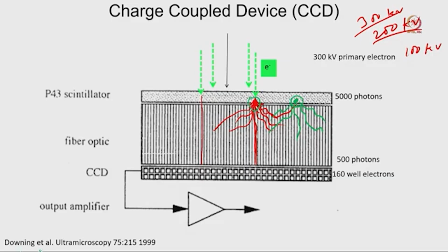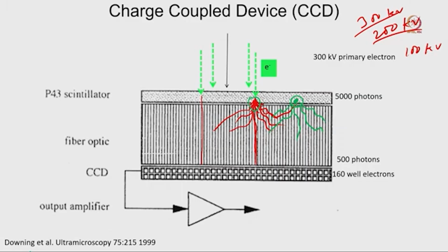So, that is one of the reasons the CCD camera is definitely more user friendly than photographic film, because you can continuously collect many images, and you can see them immediately, you do not have to develop in a dark room.